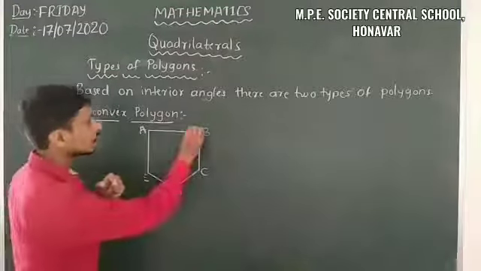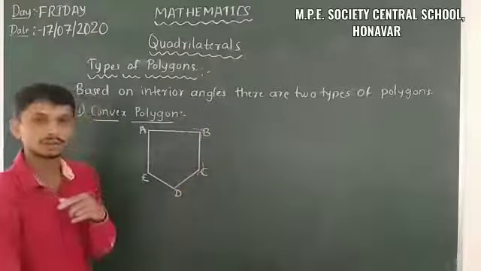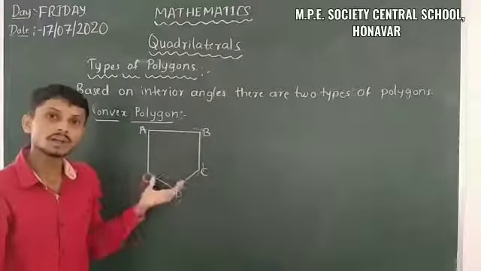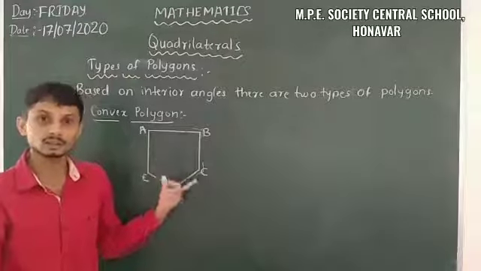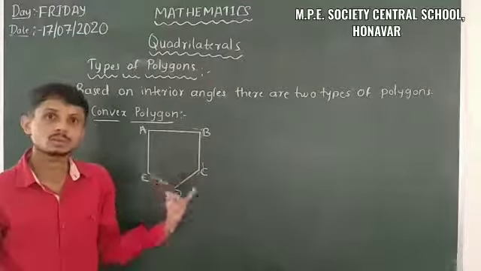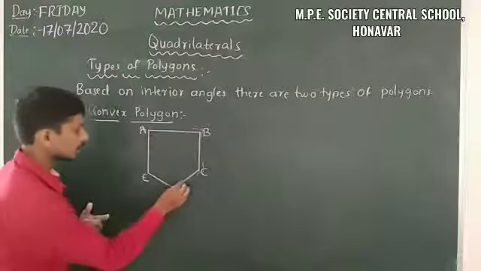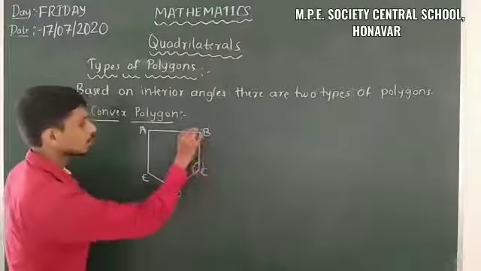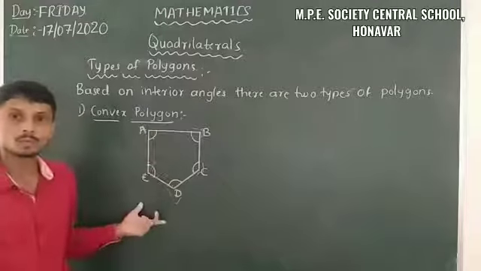Here it is pointing outward, here also, here also. No angle is pointing inward. All the angles are pointing outward, so we call it a convex polygon.